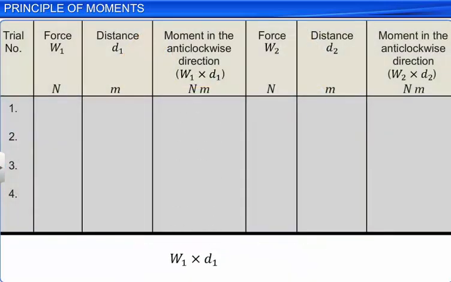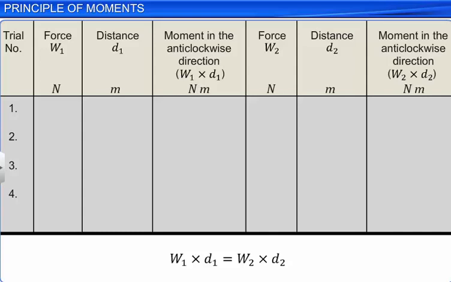If W1 into D1 equals W2 into D2, then the principle of moments is said to be verified. The experiment can be performed for various sets of W1 and W2. In each case, the principle of moments is verified.